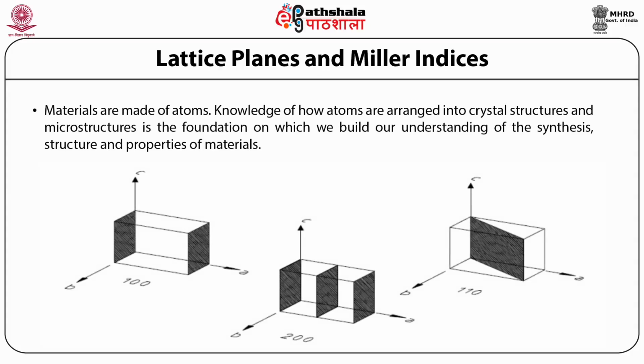Materials are made of atoms. Knowledge of how atoms are arranged into a crystal structure is the foundation on which we build our understanding of the structure and properties of materials. We already have an idea of a unit cell, and as you can see in this diagram, there are 3 diagrams shown where one corner of the unit cell coincides with the origin, and you can see these shaded portions.